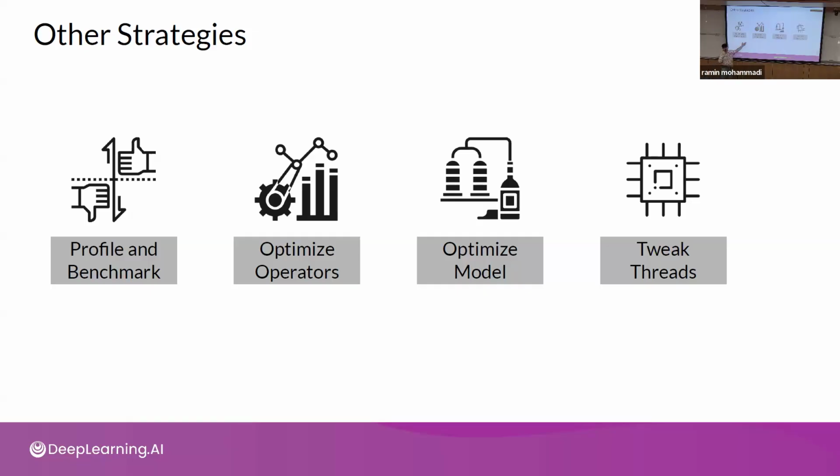For optimizing operators, if you work with neural networks and you have built layers and stacked these layers after each other, one thing you can do, and this exists in PyTorch, TensorFlow, all of them, is run some sort of profiling over the entire model and per layer.